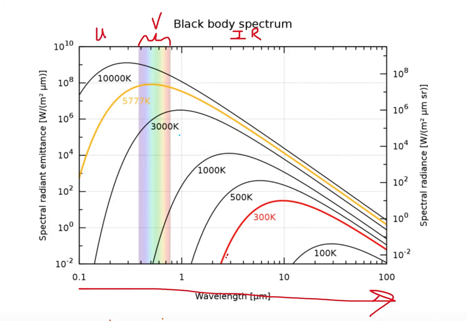Once again, we're looking at irradiance on the vertical axis, increasing upwards, in watts per meter squared. So how much power is being emitted at the surface of the object per meter squared at a particular wavelength.